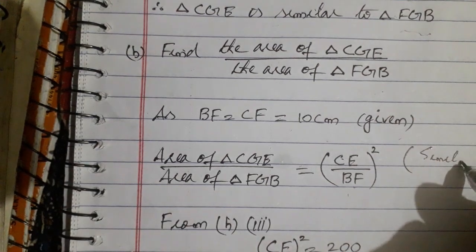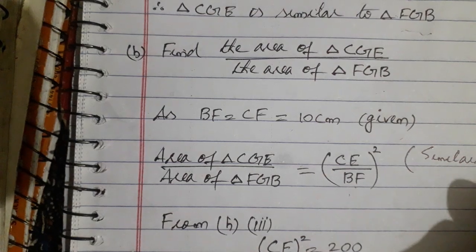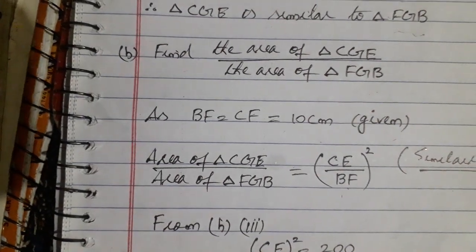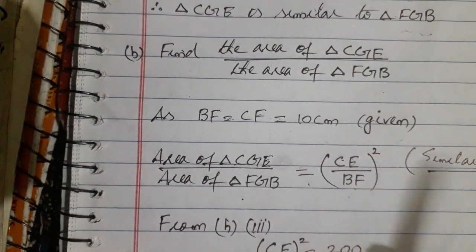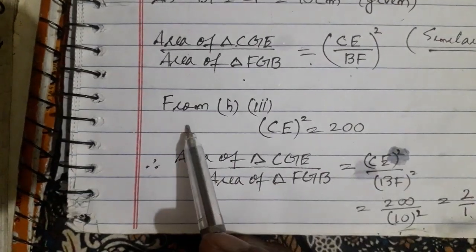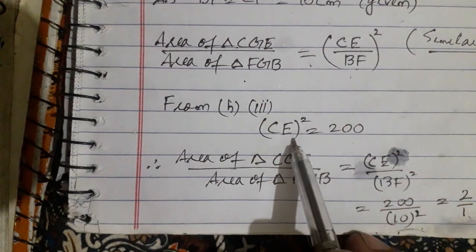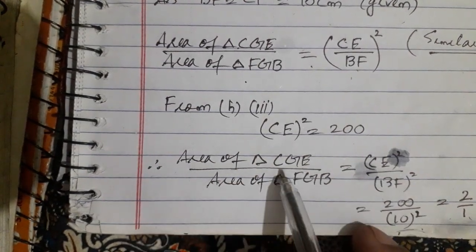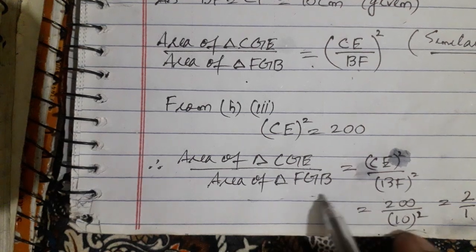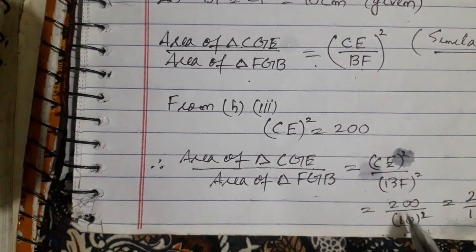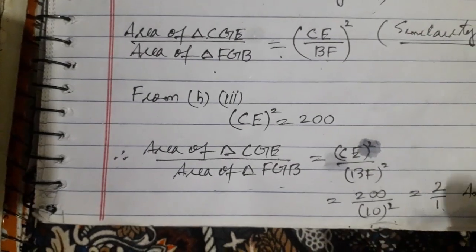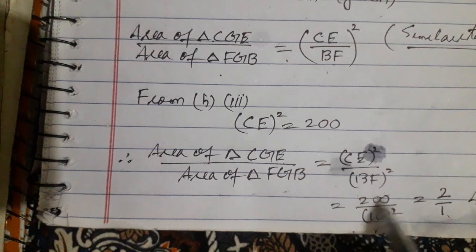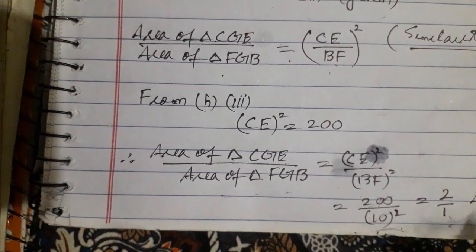If two figures are similar, then the ratio of the areas is equal to the square of the corresponding sides. From part 3, CE squared is equal to 200. Therefore, area of triangle CGE over area of triangle FGB is equal to (CE over BF) whole squared. CE squared is 200 and BF squared is 100. 200 over 100 is 2 over 1, which is the required answer.